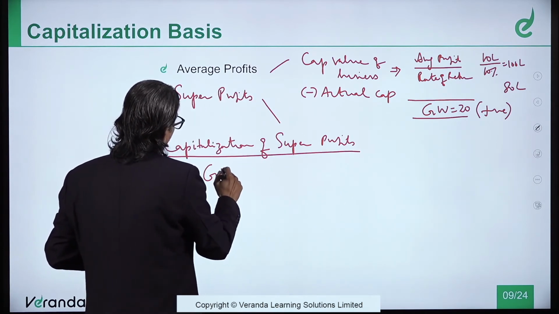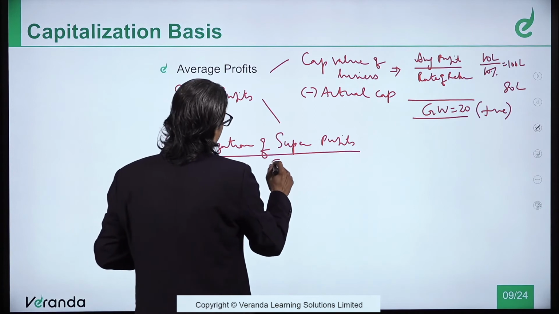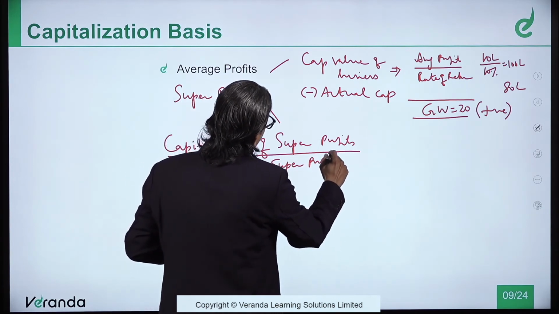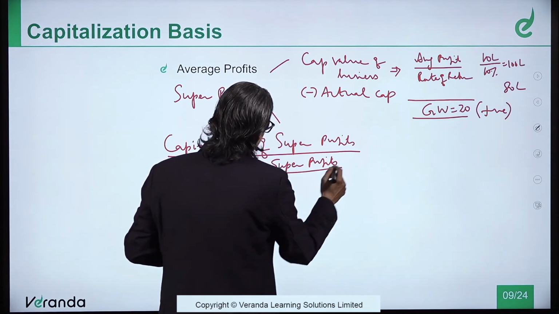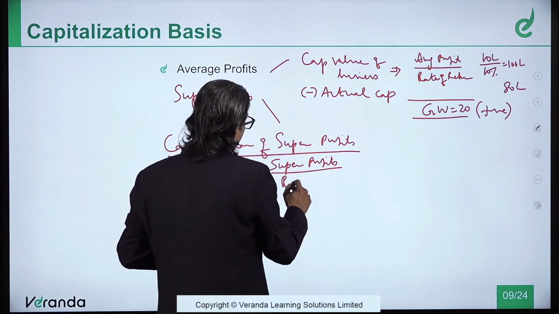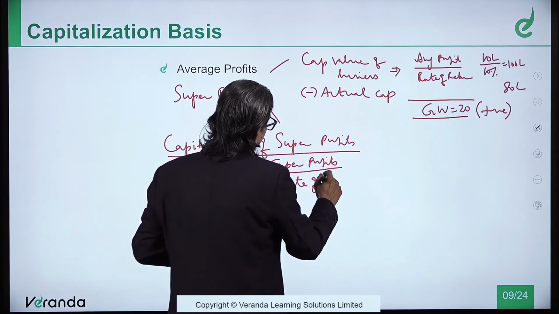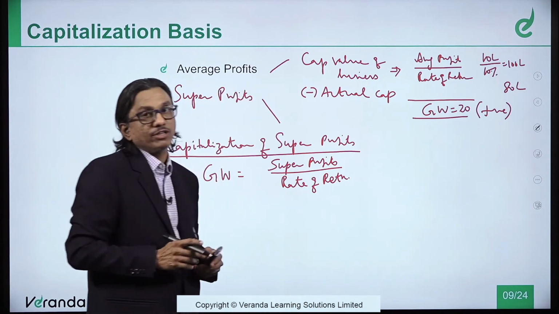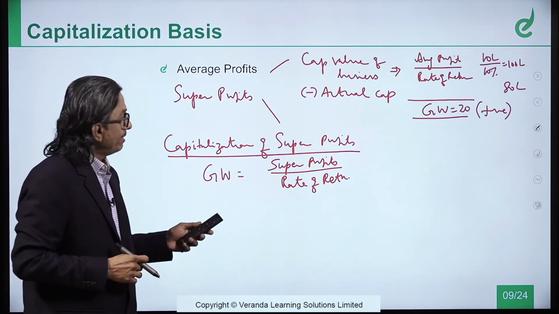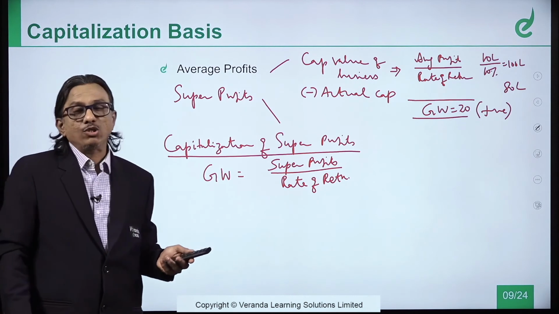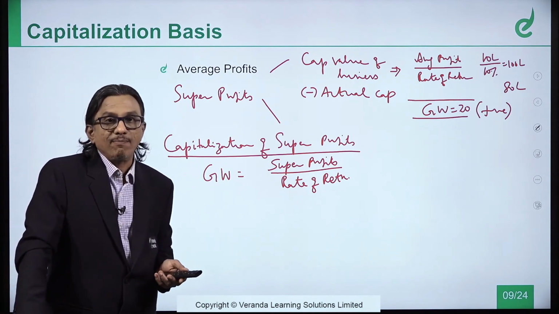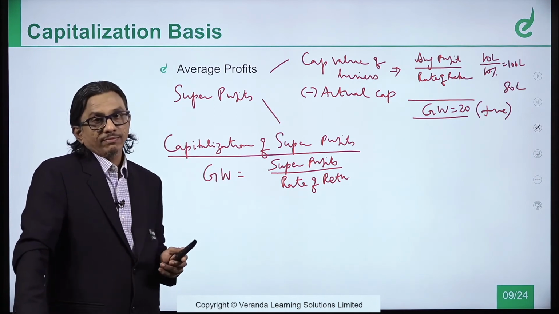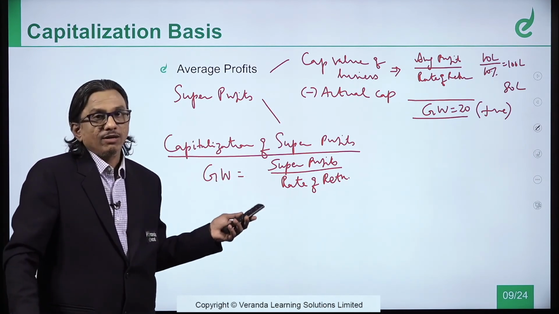Goodwill is equal to super profits divided by rate of return. That means, if the question asks you to find the goodwill by capitalization of super profit, first you find the super profit. Divide by rate of return, you will get the goodwill.